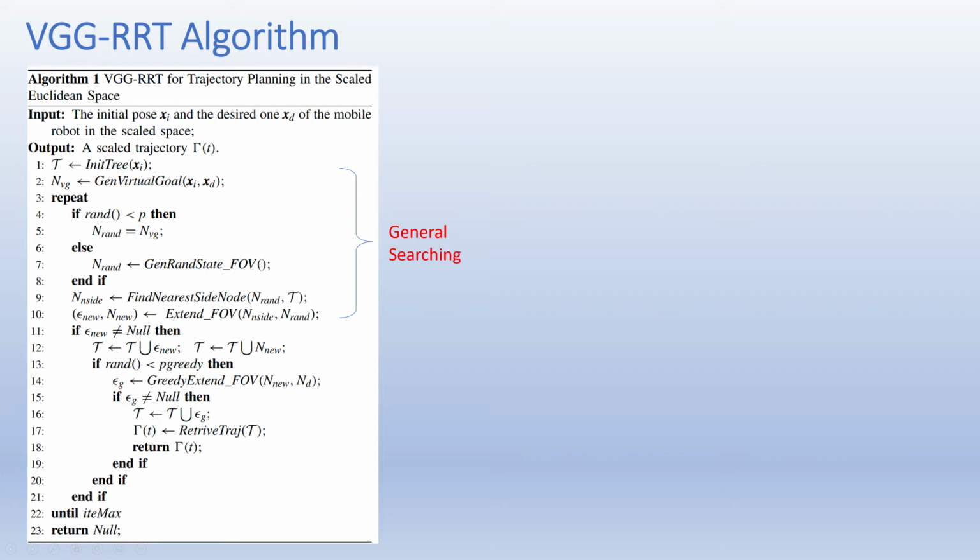Like it will first initialize the tree and generate a virtual goal, which is very similar to RRT, and after that it will get the random node either by the generated virtual goal or the generated random state according to the probability.